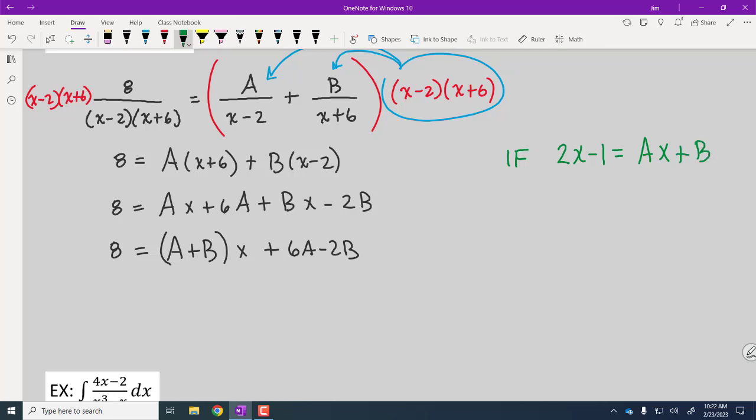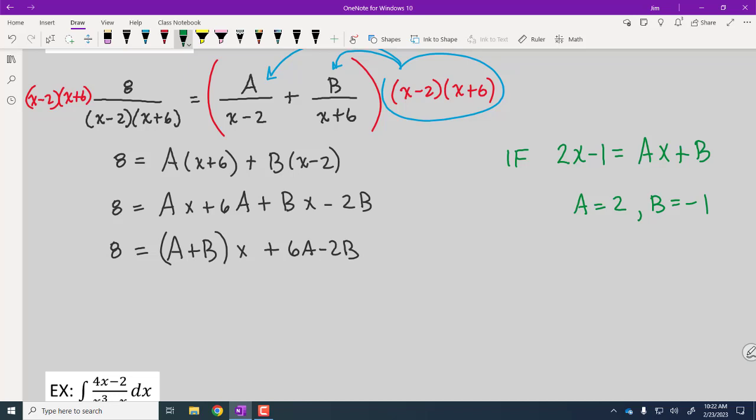What does a have to be? 2. What does b have to be? -1, right? The only way that two polynomials can be equal is if the corresponding coefficients match.